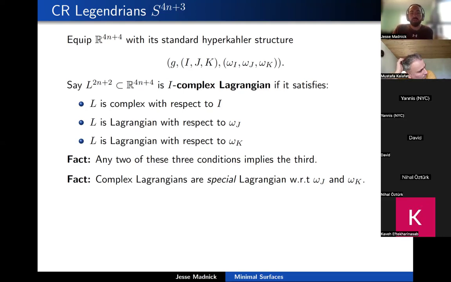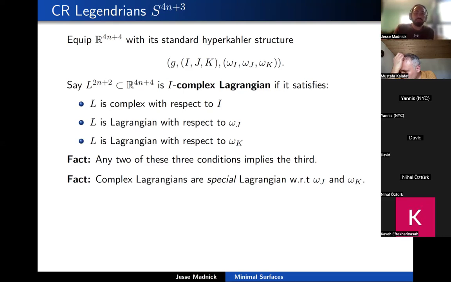The point is that these form a beautiful and distinguished subclass of the special Lagrangians that are perhaps more tractable for certain problems in special Lagrangian geometry. And again, it's remarkable that these submanifolds are simultaneously calibrated in three different ways. They're complex and special Lagrangian twice.